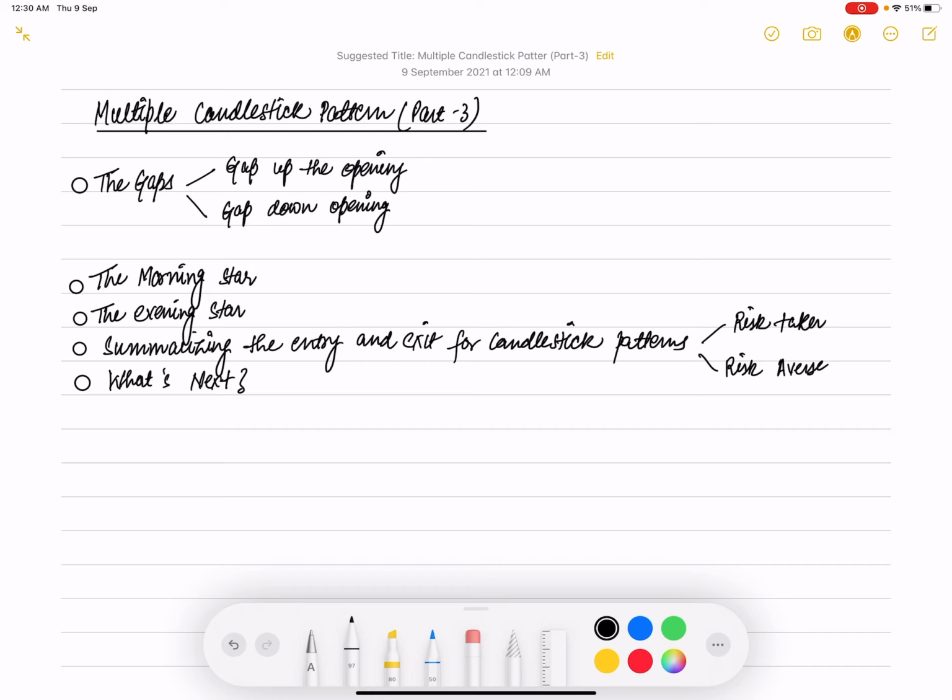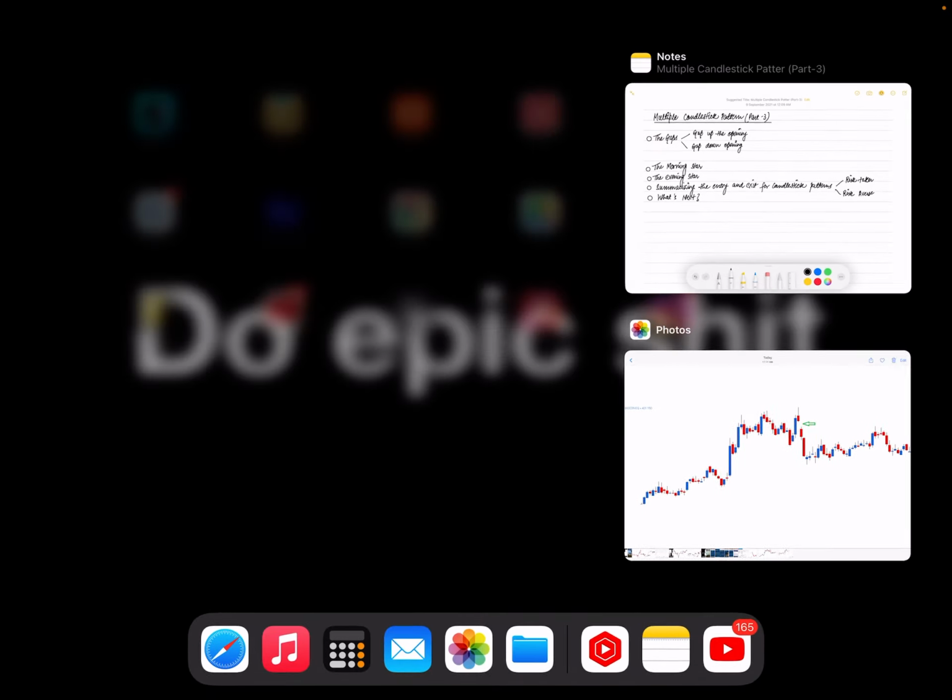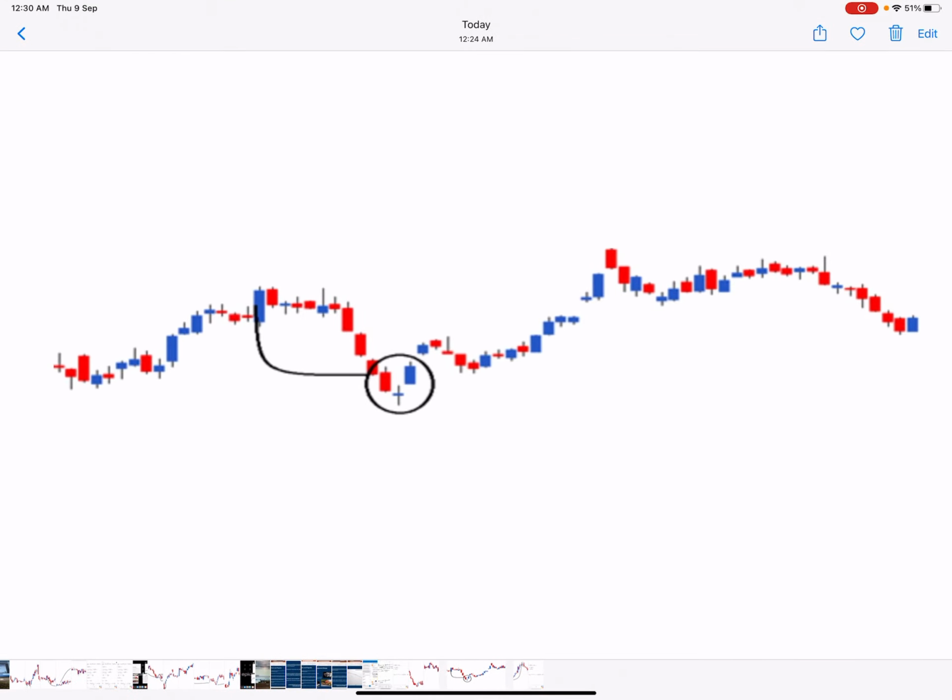The morning star appears at the bottom end of the downtrend. You can see in this image, in the chart, the morning star is encircled. The morning star pattern involves a 3 candlestick sequence in a particular order. The pattern is encircled in the chart here.